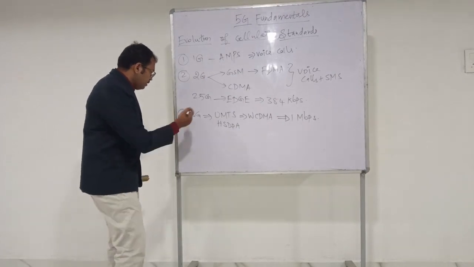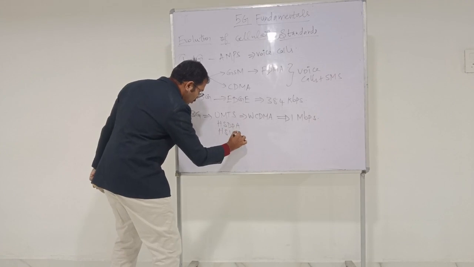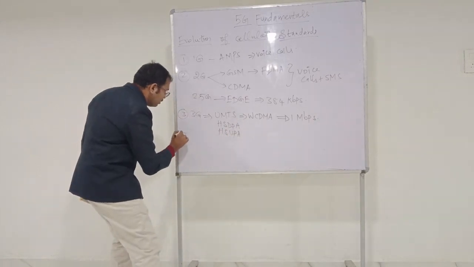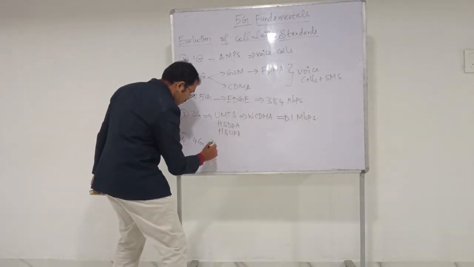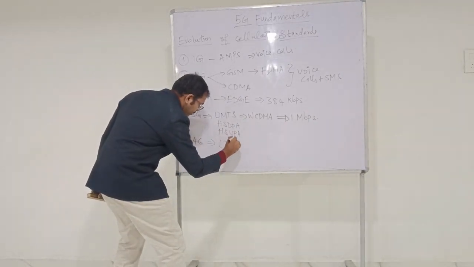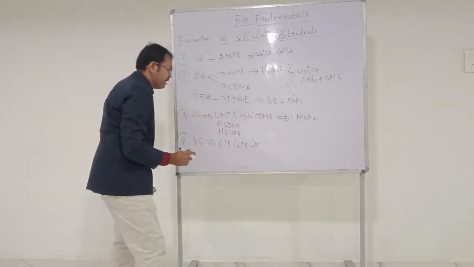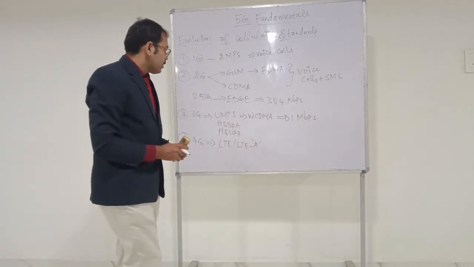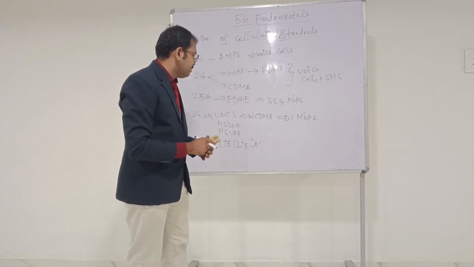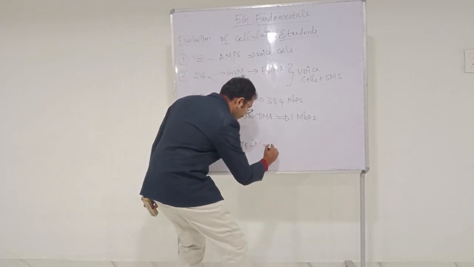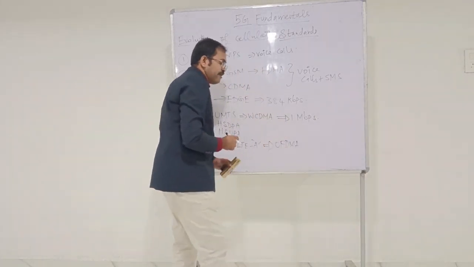Then came the LTE network, which we call LTE, or simply LTE Advanced, a slightly higher standard compared to LTE. So here, instead of conventional FDMA, CDMA or WCDMA, people have moved to OFDM. What is the advantage of OFDM?